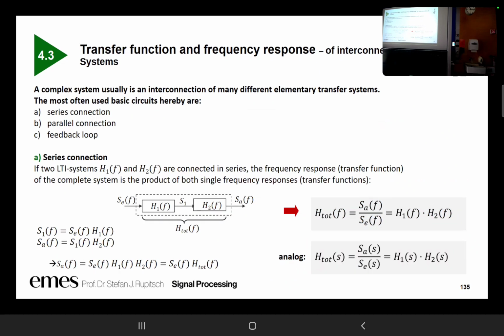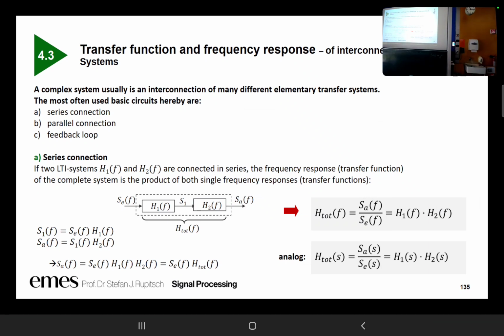Last point, transfer function, frequency response. What happens if we have a connection of two frequency responses or transfer functions? It's a series connection. It's pretty simple. We only have to multiply both systems to obtain the overall, the total frequency response or total transfer behavior. And this is shown here.